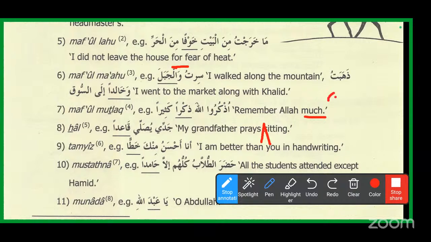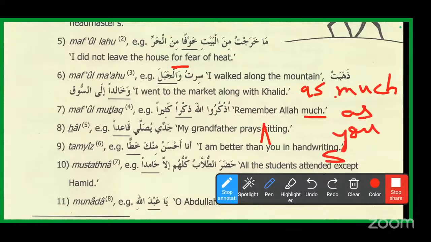If I add a small sentence, as much as you should, now this explains the sentence better. Remember Allah as much as you should.